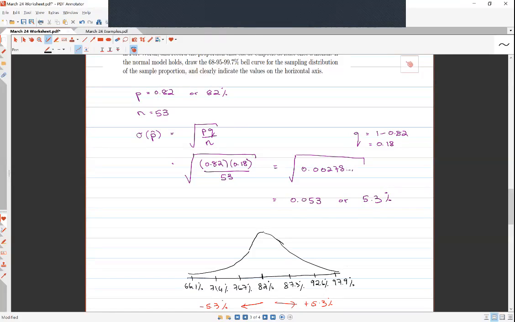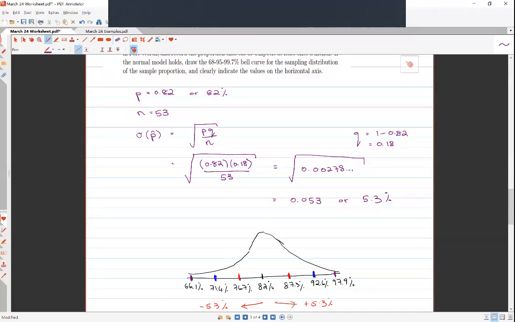So these values again now represent my middle 68%, my middle 95%, and of course the 99.7% range. So it would be highly unusual for you to get a value below 66% or a value above 98%.